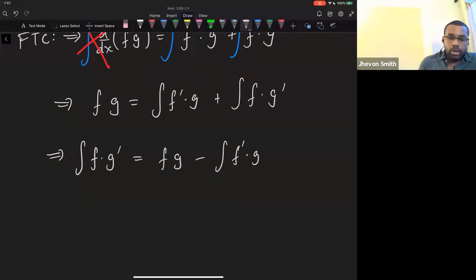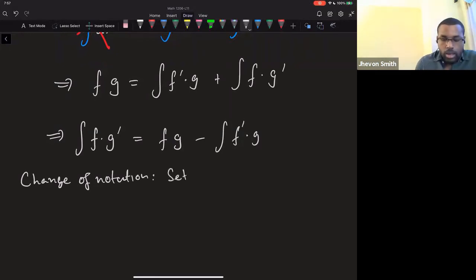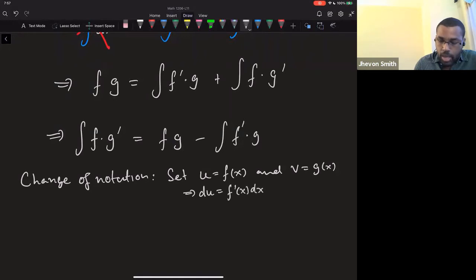Okay. So now what we normally do customarily, let's do a change of notation. Set u equal to f of x and v equal to g of x. This means that du is going to be f prime of x dx and dv is going to be g prime of x dx.